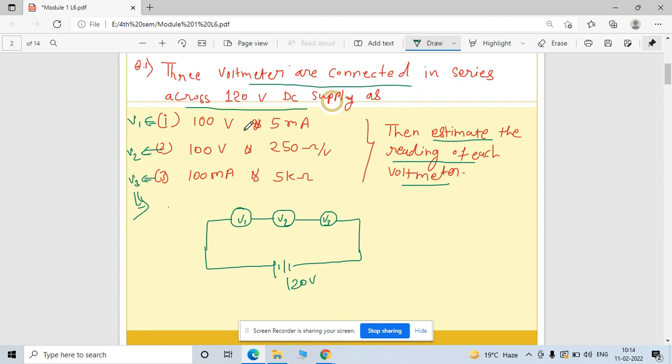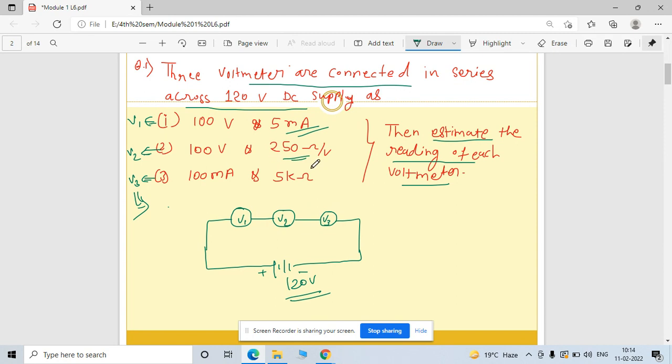So these are the parameters given to the respective voltmeters. You need to find out the reading of each voltmeter. You are supplying 120 volt DC to this combination. See, this value is already given to you. This is nothing but the IFSD for this voltmeter, and this is the sensitivity parameter, right?